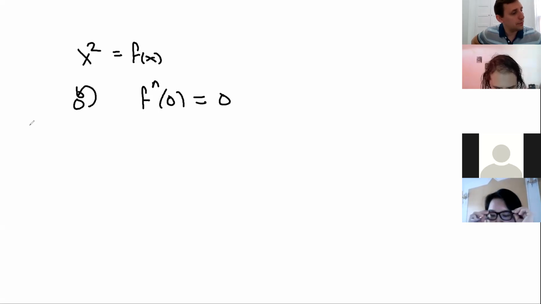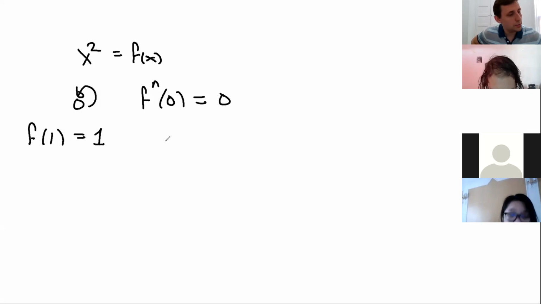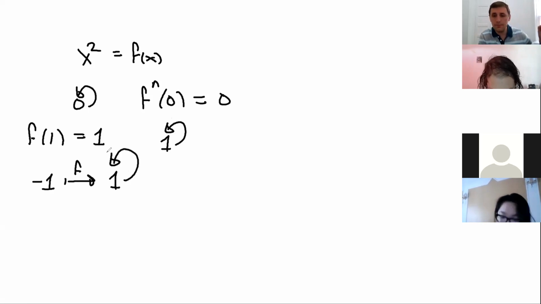What will happen if I apply it, let's say, at 1? f of 1 is always 1. So basically 1 by this function is always mapped to itself. Now what happens to minus 1? Minus 1 is mapped under f to 1, and then it always stays fixed at 1. You agree?